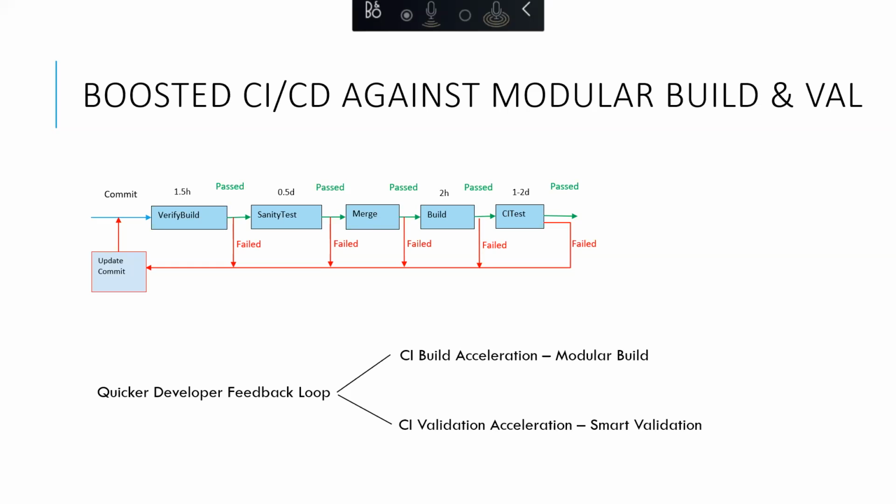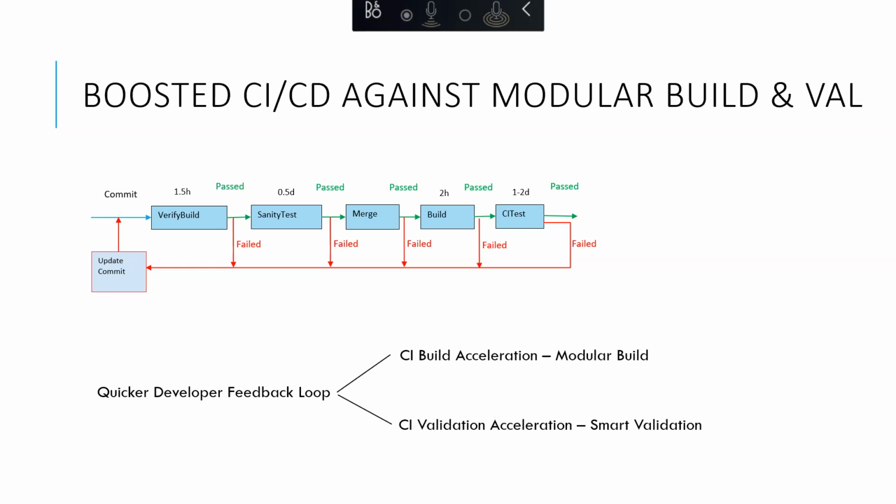So I think, to me, the most important key factor of an efficient CI/CD is to use a quick enough development feedback loop. In our case, we want to apply CI build acceleration through modular build, as well as CI validation acceleration through smart validation.